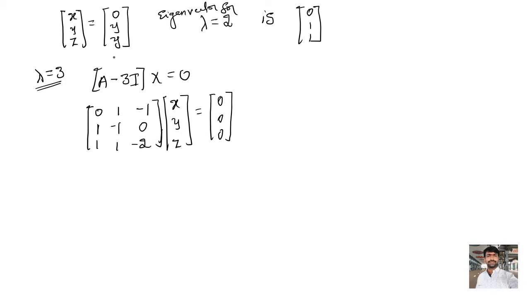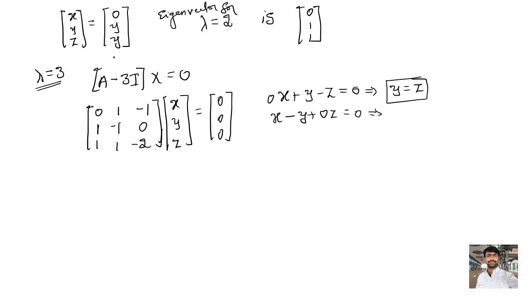Okay, now let us write the equations here. The first equation is 0 into x plus 1 into y minus z equal to 0. So from this, y equal to z. And from the second equation, what we have is x minus y plus 0 into z equal to 0.